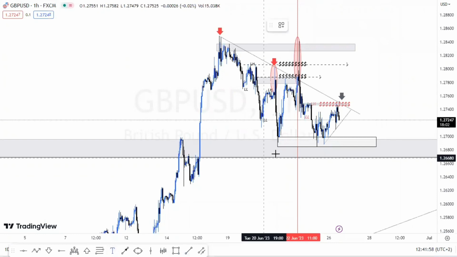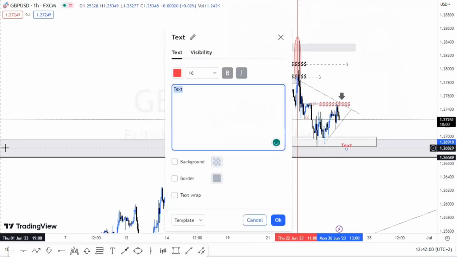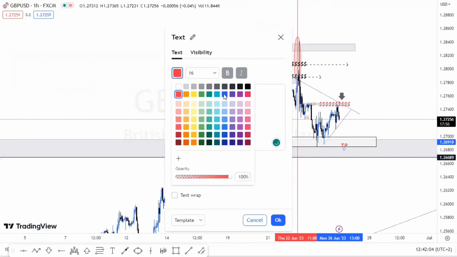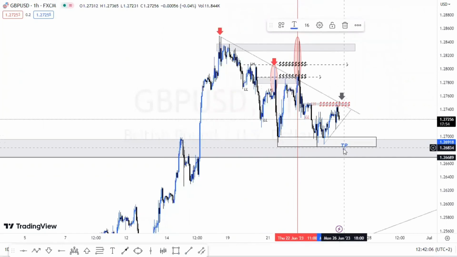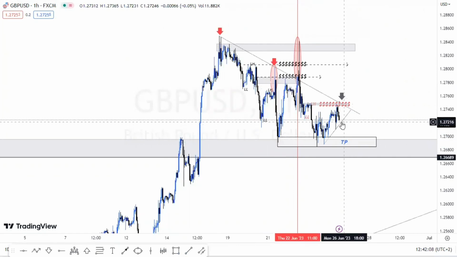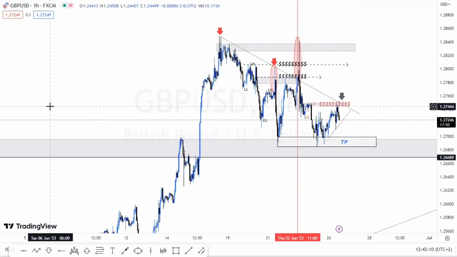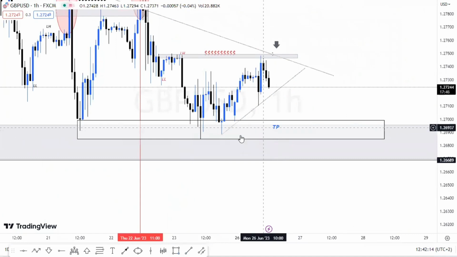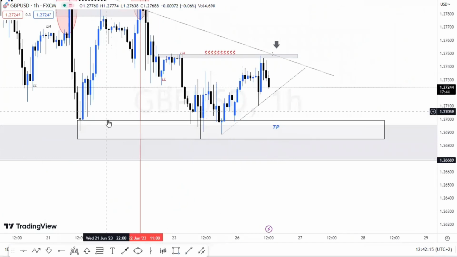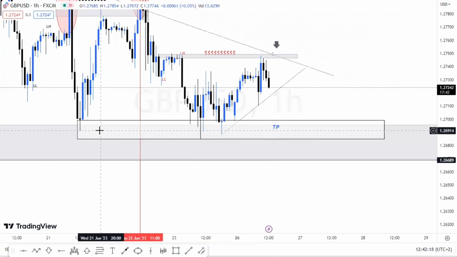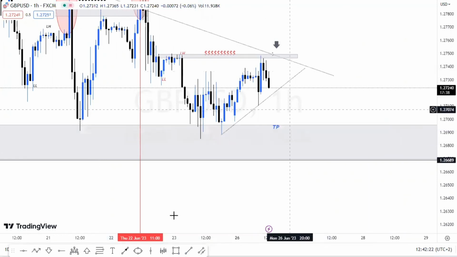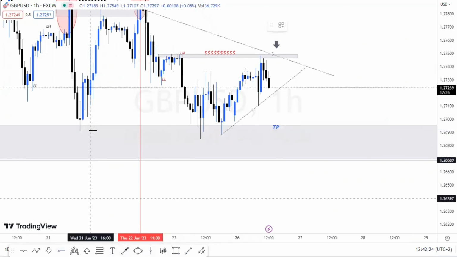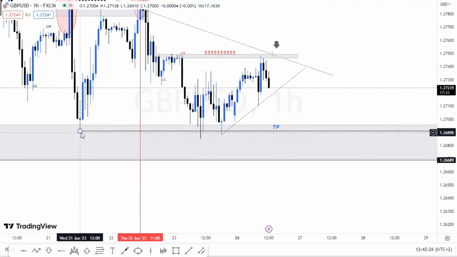This would be my target, even though we might even miss it because it's too obvious. Price might even miss it because it's just too obvious of a target, but this is where I would put my TP if price was to break this line, because there's also liquidity here. There's also liquidity in this zone here. Don't get it twisted. Let me show you. There's also liquidity here.